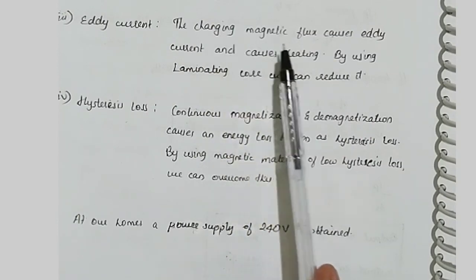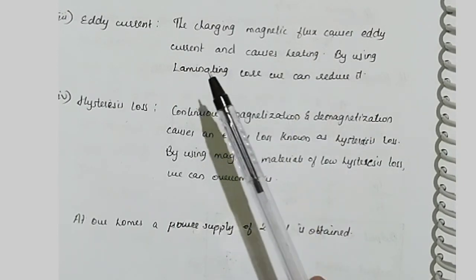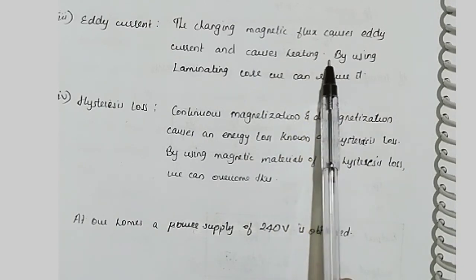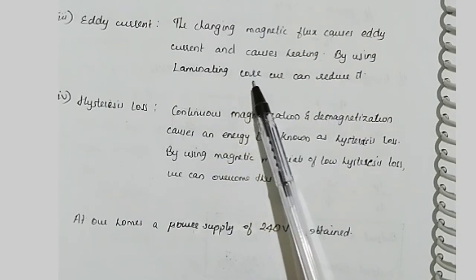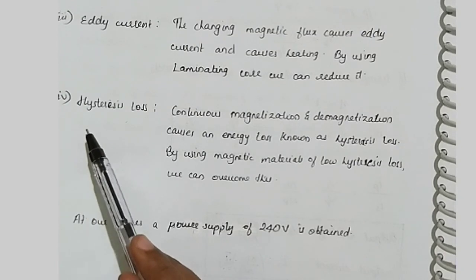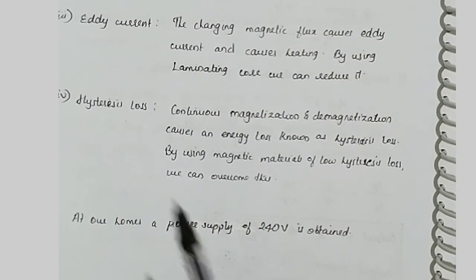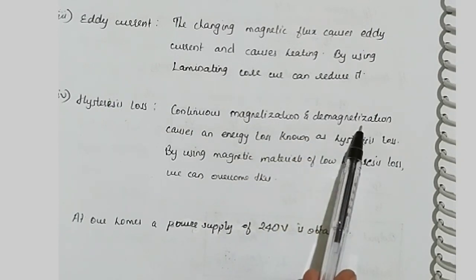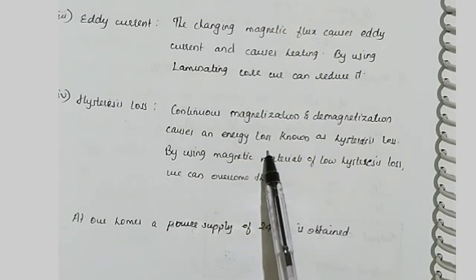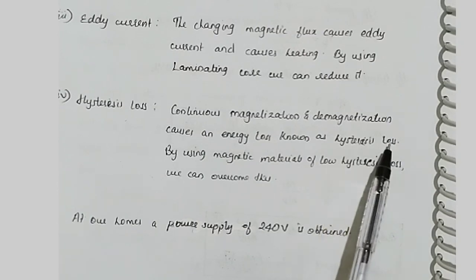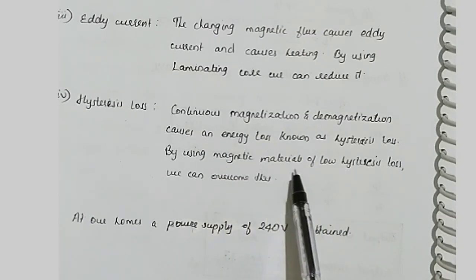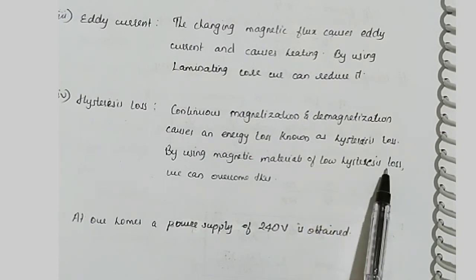The changing magnetic flux causes eddy current, and this might cause energy loss due to heating. To reduce this, we can use a laminated core. Now next is the energy loss due to hysteresis. The repeated and continuous magnetization and demagnetization can cause an energy loss, which is known as the hysteresis loss. To reduce this, we can use magnetic materials that have low hysteresis loss.